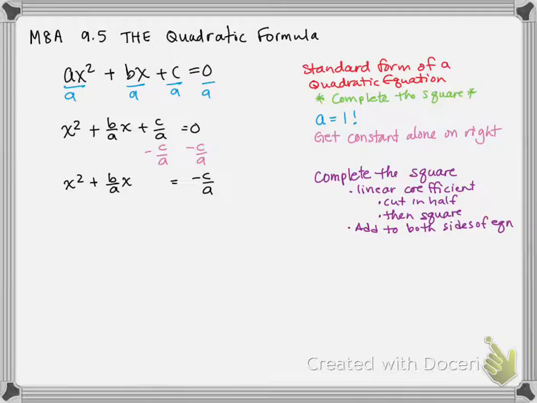Okay, so we're going to take the b over a, we're going to cut it in half, and that gives me b over 2a. Then we're going to take that, we're going to square it, okay, which is going to be b squared over 4a squared.